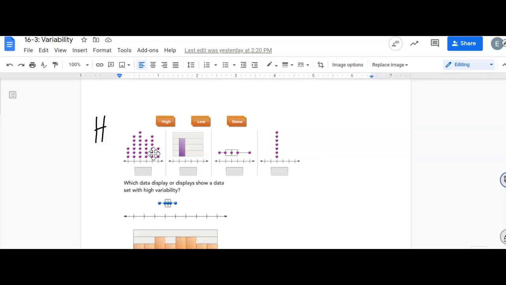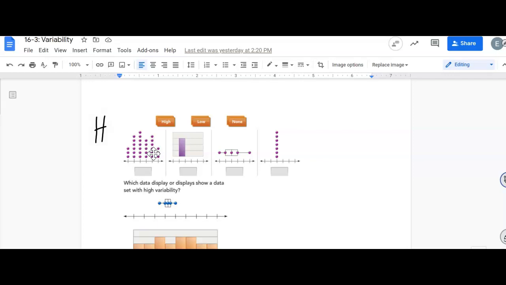So like this first line would be 0, the second line would be 5, the third line would be 10. So in that histogram, we have a range of numbers from 5 to 10. We haven't gone over histograms yet, so it's either none or low.